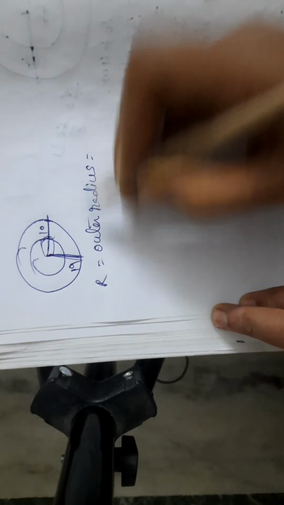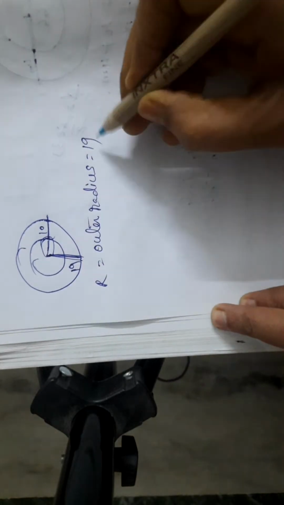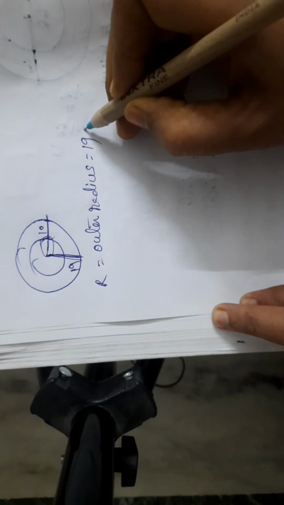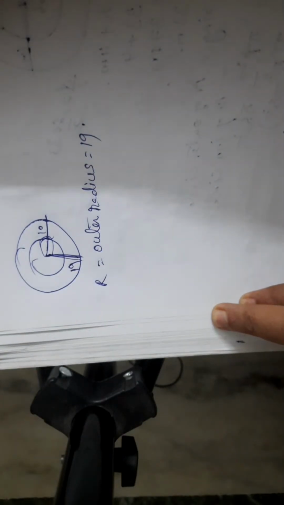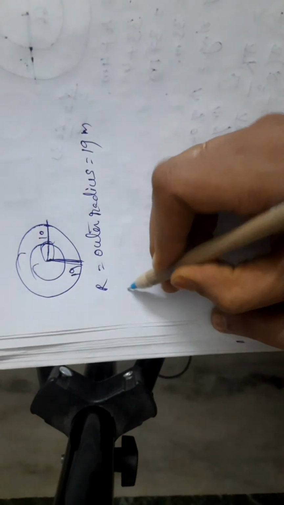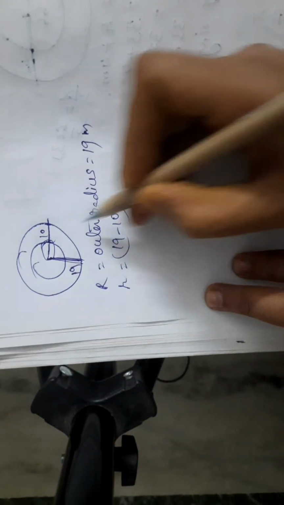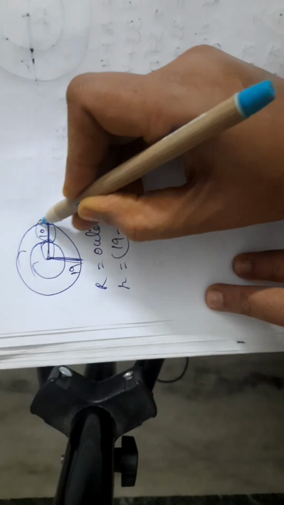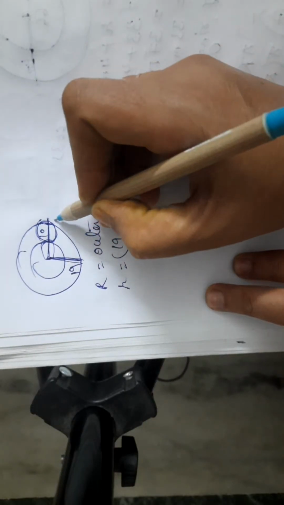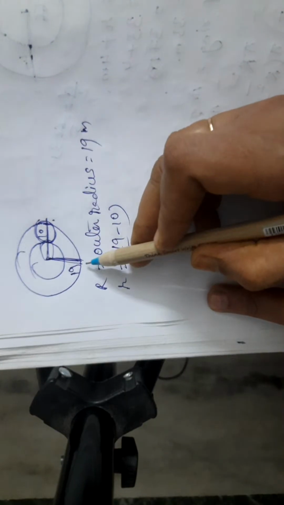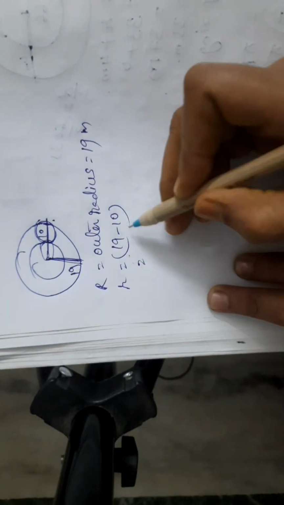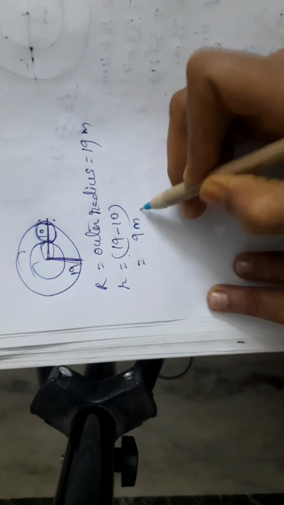Outer radius is 19 and inner radius is 19 minus 10. We are subtracting the width of the road from the outer boundary, where we can find the inner radius. So inner radius is 19 minus 10, thus it is 9 meter.